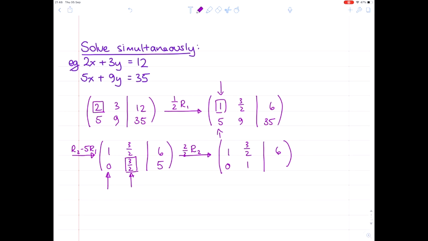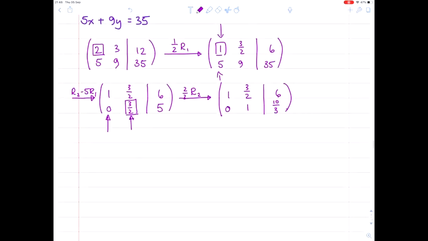And we get 10/3 for our constant. So we're almost done. We now just need to finish up and get a 0 over here, which we do by subtracting 3 over 2 times row 2 from row 1.